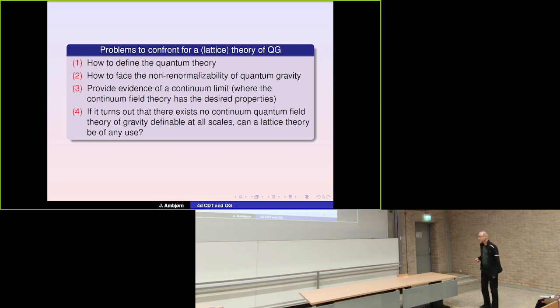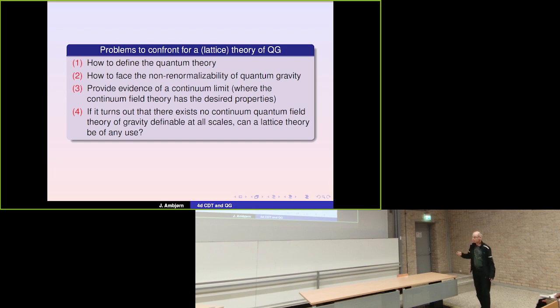And well, we also have to face the possibility that there might not exist a continuum quantum field theory of gravity definable at all scales. Of course, there exists an effective quantum field theory, but it might not exist at all scales. So if that is the case, can a lattice theory be of any use?